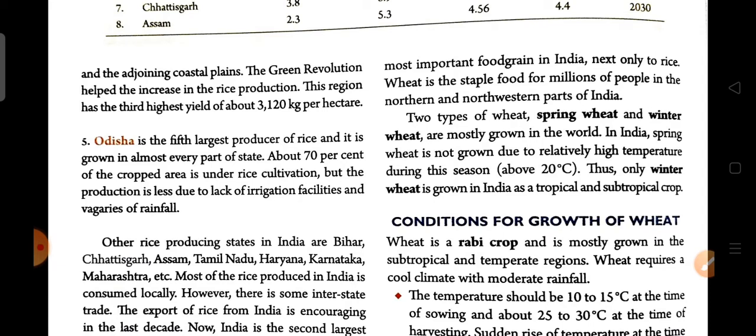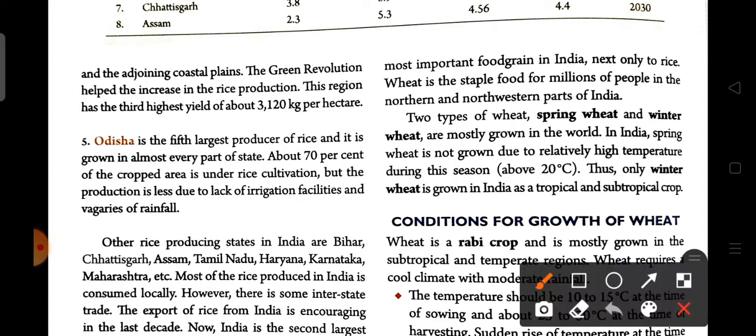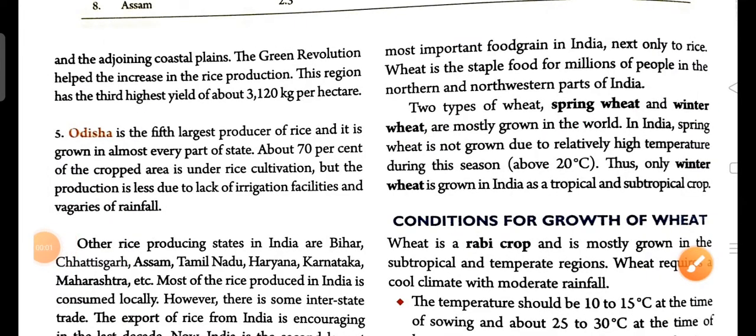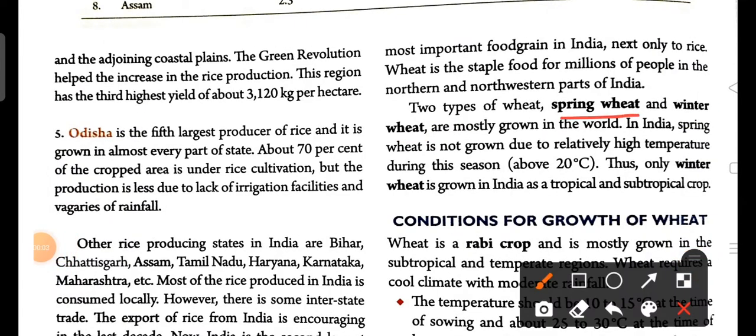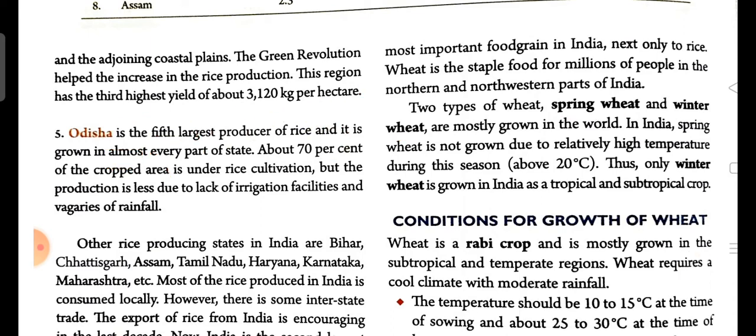Here wheat is classified into two types, which are spring wheat and winter wheat. The main difference is that spring wheat is sown in the spring season, whereas winter wheat is sown in the winter season.